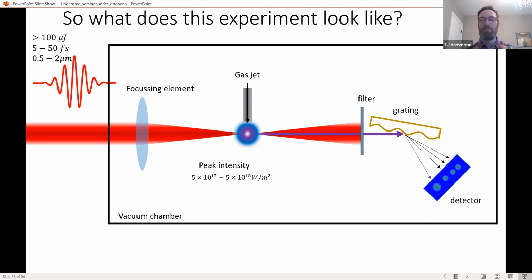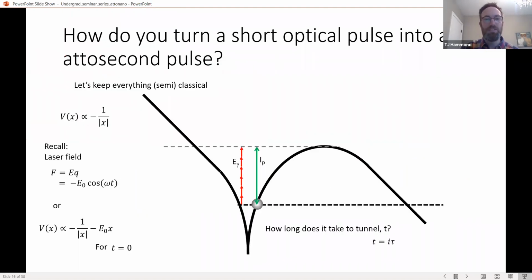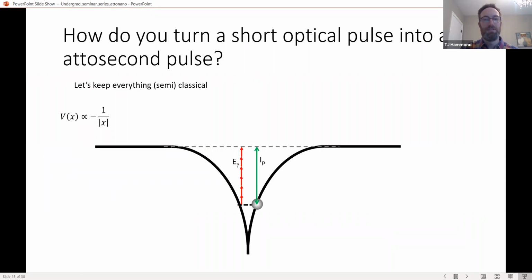So the Schwinger limit, for those of you who don't know, if I have this picture here, you have this electron that's sitting in this atomic potential, and you want it to be separated to the continuum, this takes a few photons here, right? But you can imagine that the deeper and deeper this electron is in this potential, the more and more photons it's going to take to pull it out.